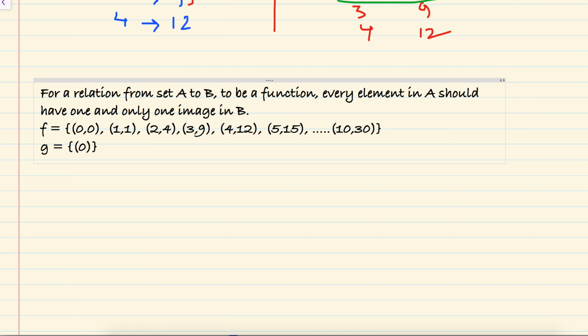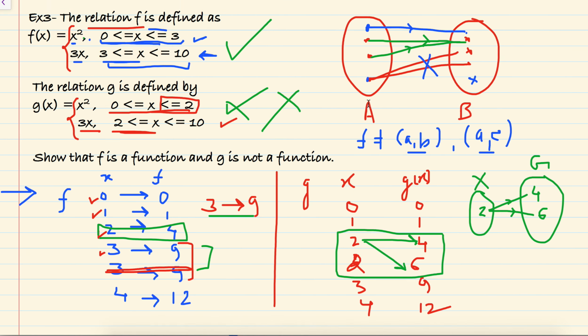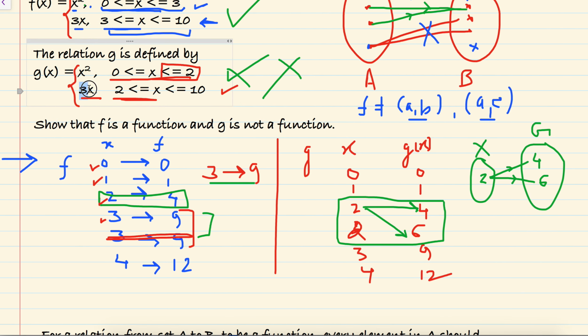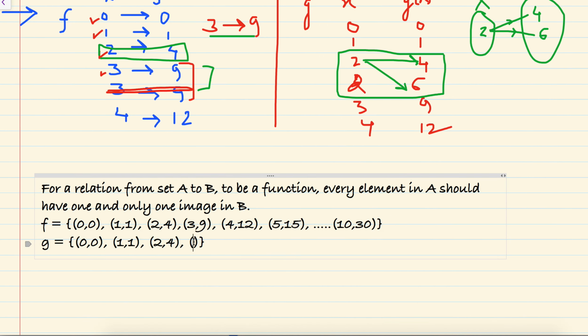So it will again be 0 0, 1 1, 2 4, and when x is equal to 2, it comes under this category and this range also, both ranges. So for x square we have written 2 4, and another is 3x, so 3 times 2 is 6, so 2 6, then 3 9, 4 12, all the way up to 10 30.